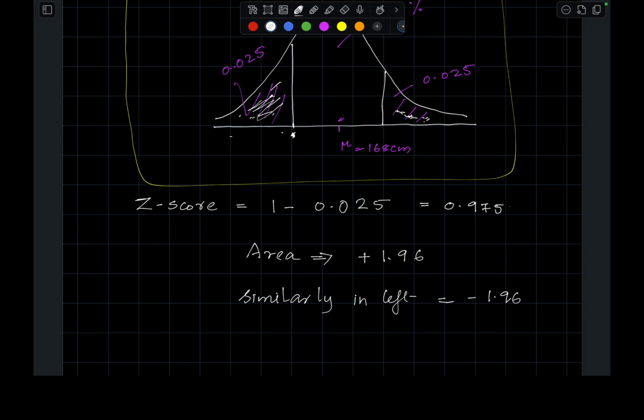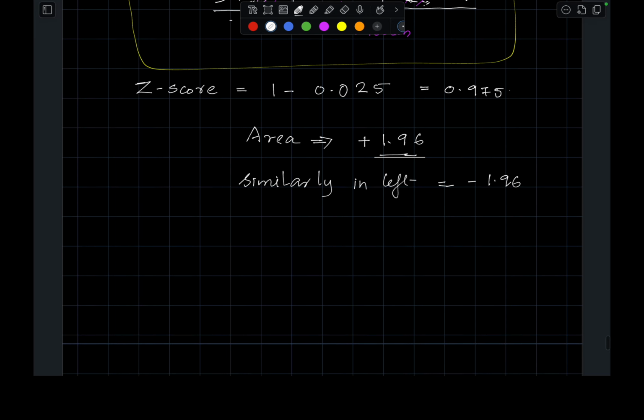And since the Z score value is 0.975 here, the value corresponding to it is 1.96. Since we are having a two-tailed test which is symmetrical at both ends, since we got the positive 1.96 at the positive end, we have to take the similar minus 1.96 at the negative end as well.